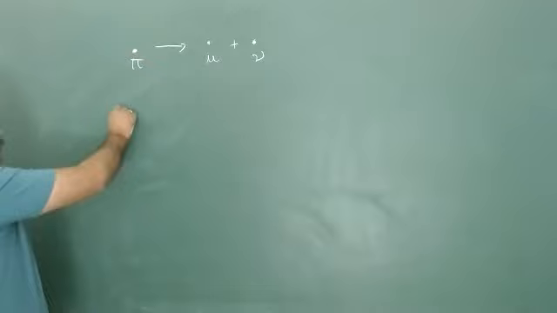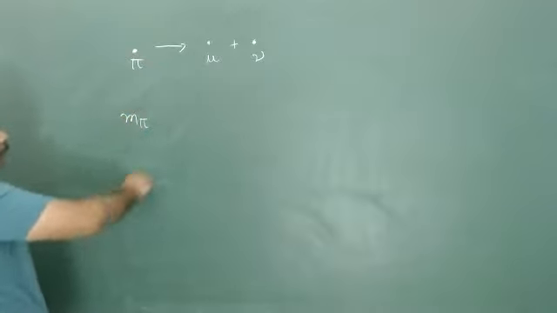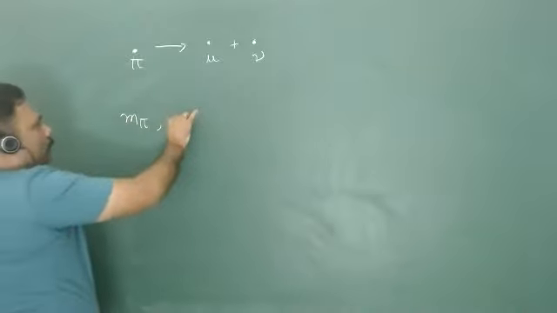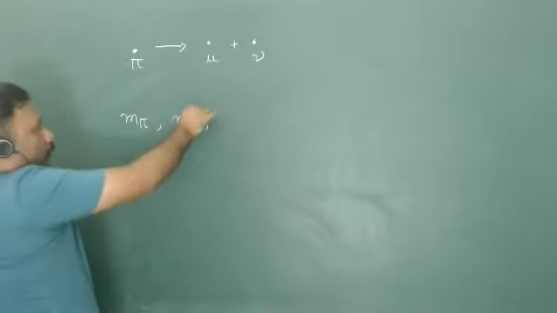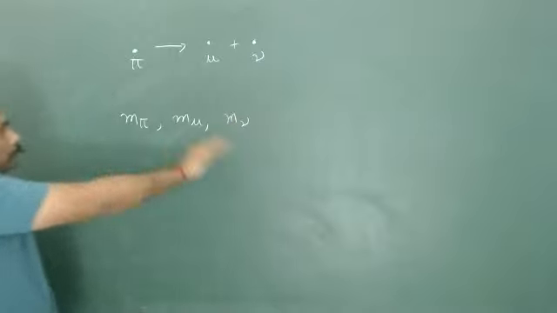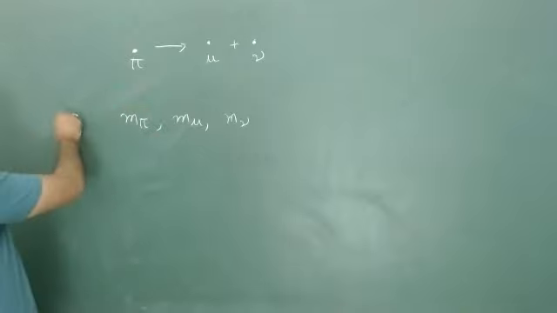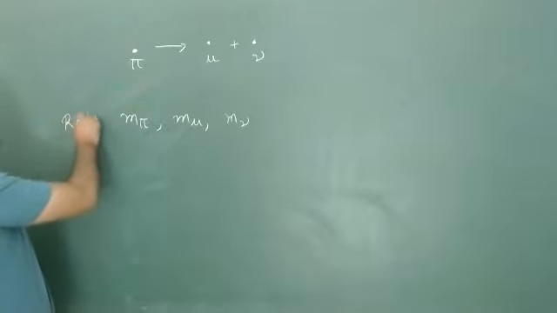And what is given is that the mass of pion is m pi, the mass of muon is m mu, and the mass of neutrino is m nu. So these are given, and these are rest masses.